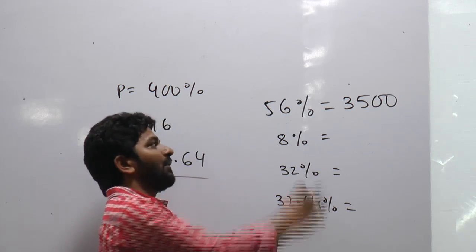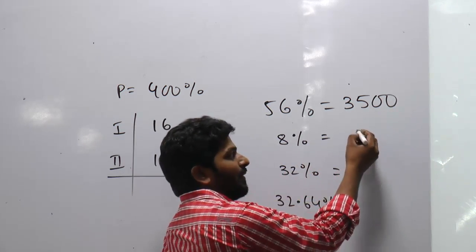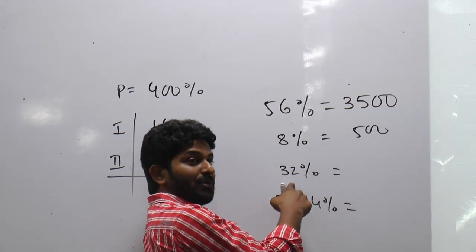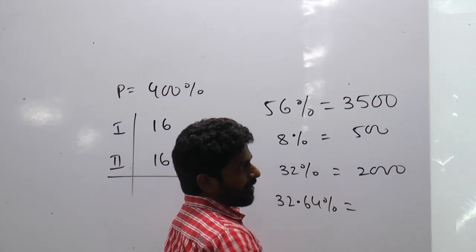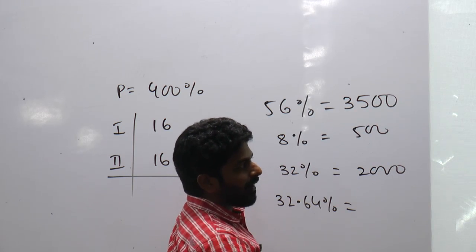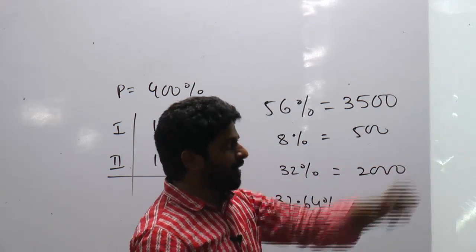Okay, how will I get 8% here? Divided by 7, 500. How many times? 4 times. 4 times this number, 2000. Answer is nearby 2000. How many options are there? Either third option or fourth option.